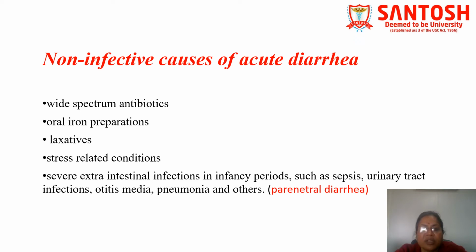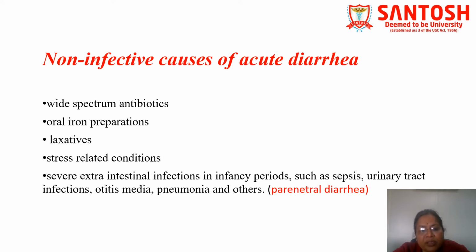This is not infective diarrhea. Another very common thing is the iron tablets or iron syrups being given to the children, adolescents and ladies. Some persons on oral iron may develop diarrhea. And there may be stress related conditions, like during your exams, you say, madam, my stomach is loose, I have to use washroom repeatedly.